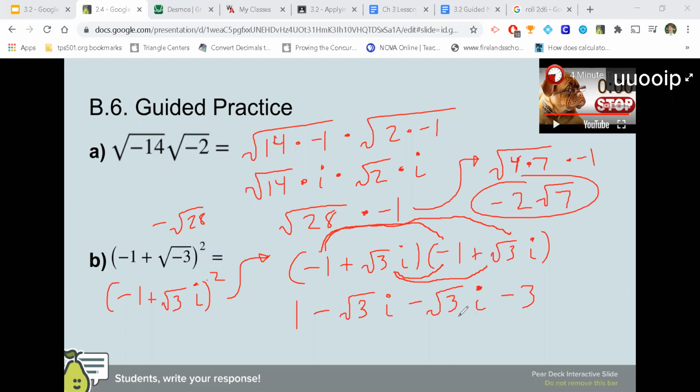Right. If I now combine my like terms, I have two pairs of like terms, right? 1 minus 3 is -2.